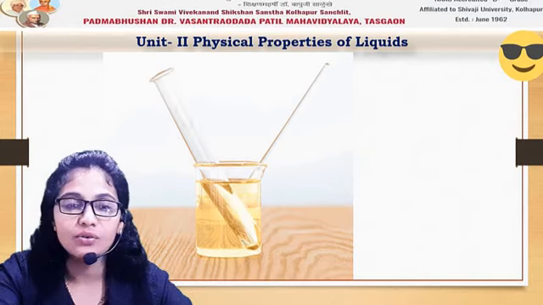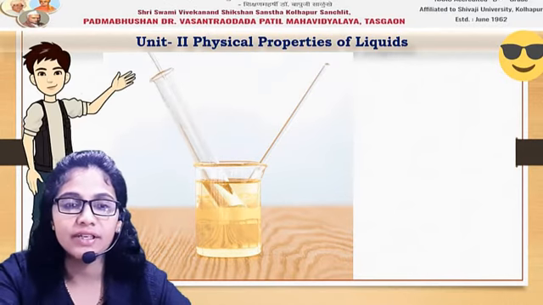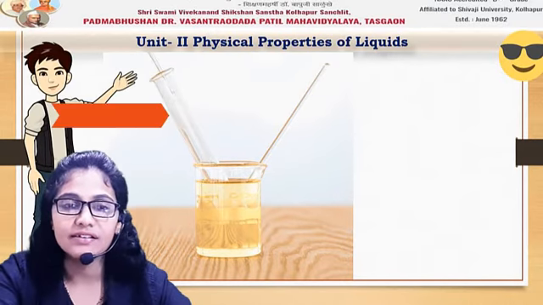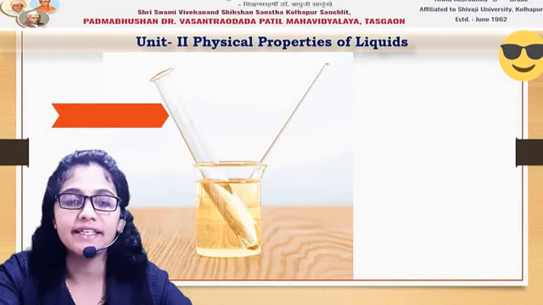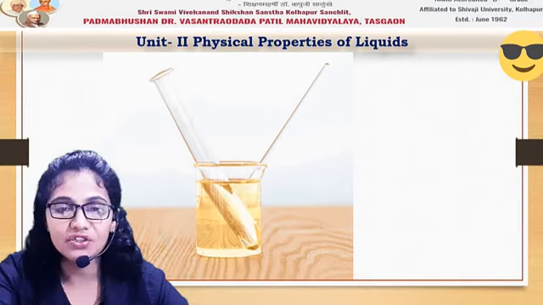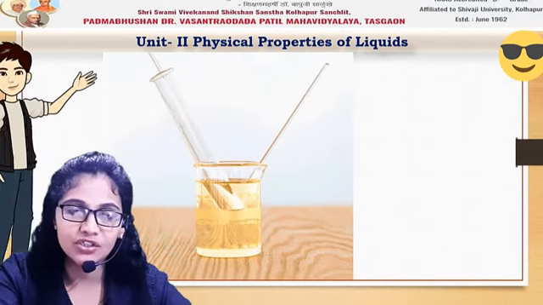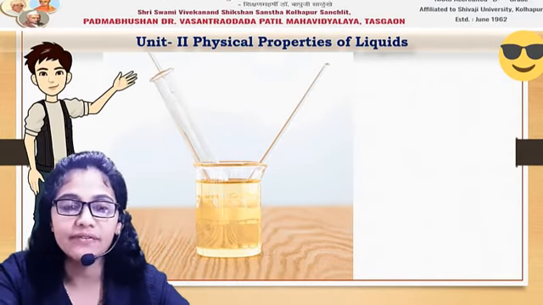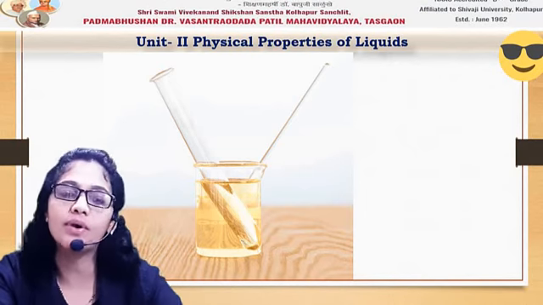We are seeing two different natures of that test tube. In air, the test tube is like this, and in this liquid in a beaker, the position of the test tube appears changed, because the liquid has a tendency to change the path of the rays which come to our eyes.